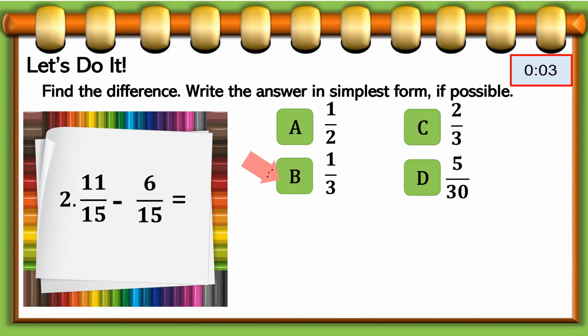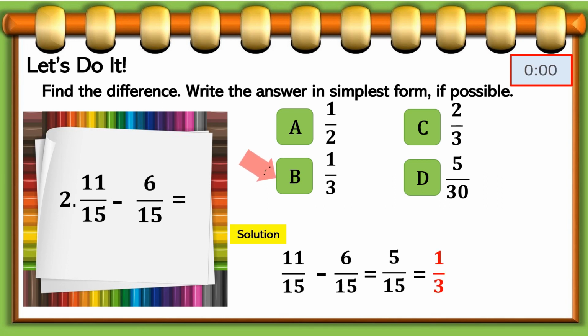If your answer is letter B, you are correct. 1/3. Solution. First, subtract the numerators. 11 minus 6 equals 5 and copy the common denominator. Then, simplify the answer if needed. So the final answer is 1 over 3.